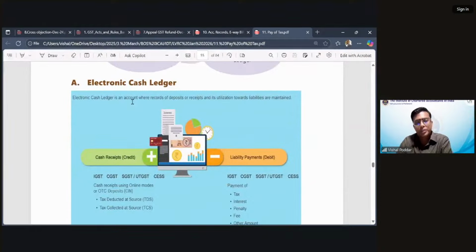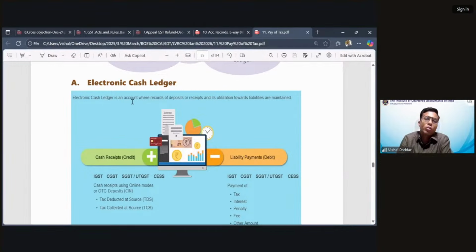Now, what is the cash ledger? The cash ledger is like depositing money with the government, or in other words, keeping money in the government account, which can be used for discharging your output tax liability. You transfer whatever you feel would be the tax payment that you have to make from your pocket.